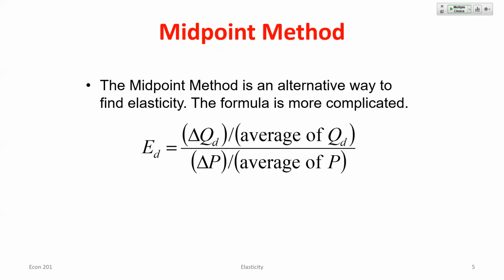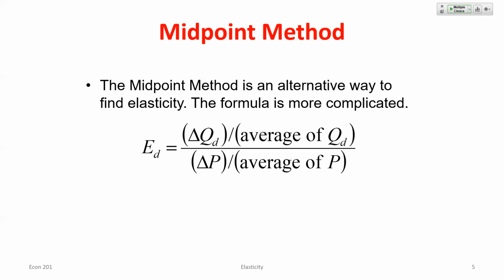If I'm thinking about calculating the percentage change in price that I had before, we'll do it the same way. We'll take the change in price divided by the average price. So when I had that example where I was going from 100 to 80 or 80 to $100, the midpoint method says you want the percentage change in price there. Take the change in price and divide it by the average price.